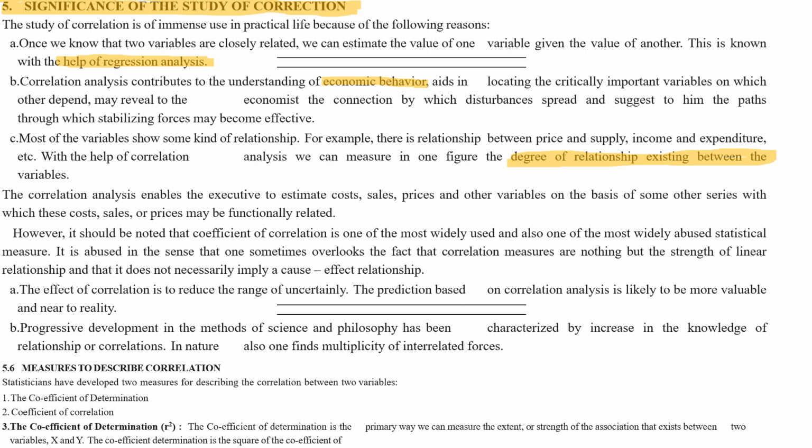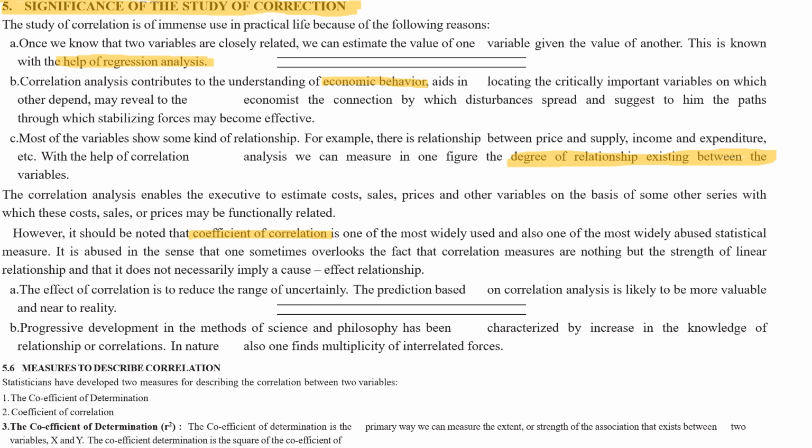It should be noted that the coefficient of correlation is one of the most widely used and also one of the most widely abused statistical measures. It is abused in the sense that one sometimes overlooks the fact that correlation measures are nothing but the strength of a linear relationship, and that doesn't necessarily imply a cause and effect relationship.